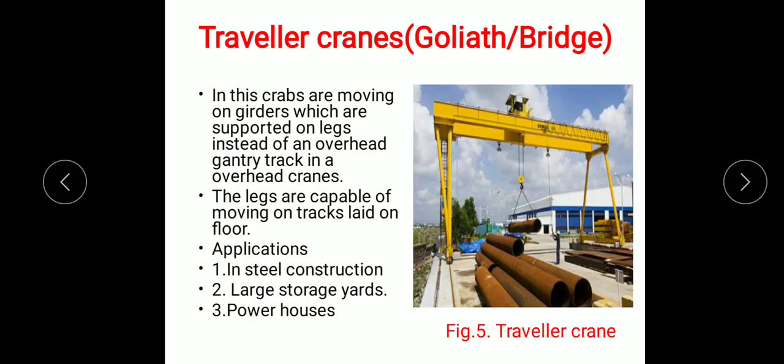So the crab is provided for operation of such type of loading. The legs are capable of moving on tracks which are laid on the floor. Here we can see this is a track for the movement, provided on both the sides. Such type of cranes find applications in steel construction, for large storage yards, and in powerhouses.